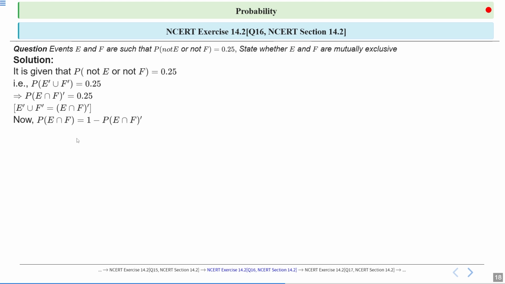Now the probability of E intersection F is equal to 1 minus the probability of (E intersection F) whole complement.